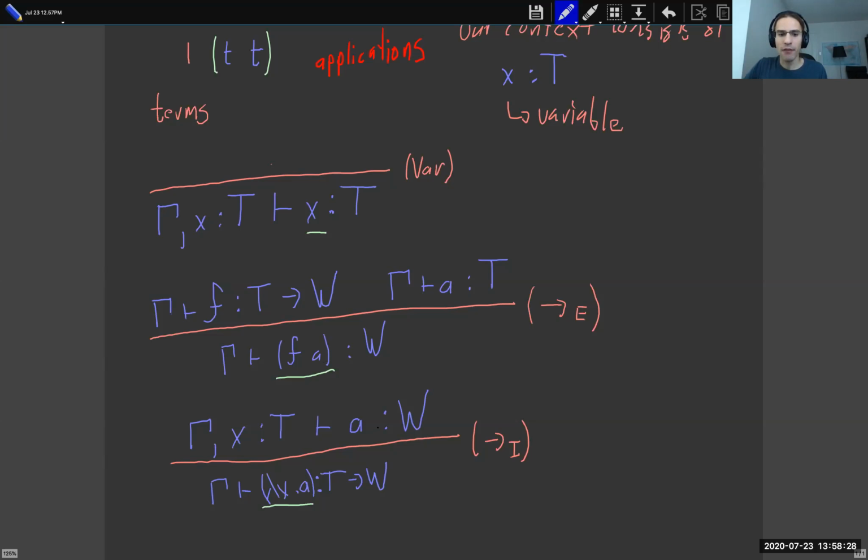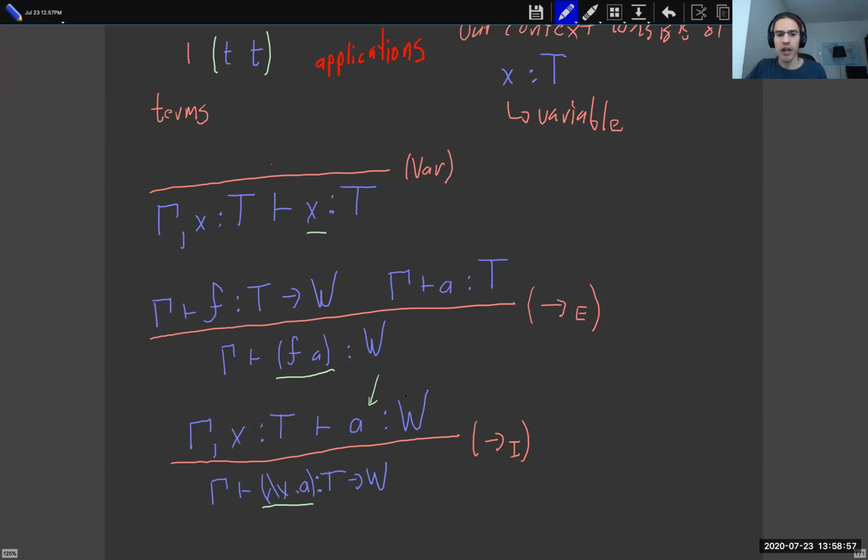Similarly, if you assume that X has type T, where X is a variable that may or may not occur in the body of A, but with that assumption you can conclude that A has type W, then what you do is abstract X away, put X as the parameter of some lambda.